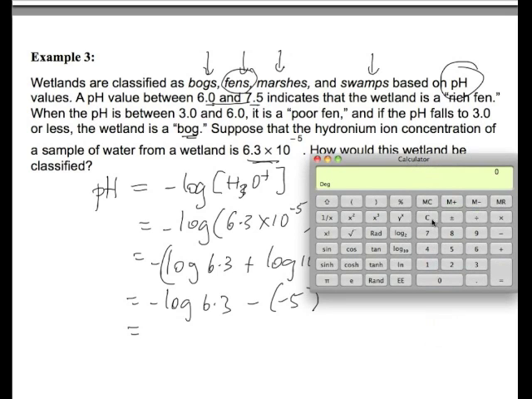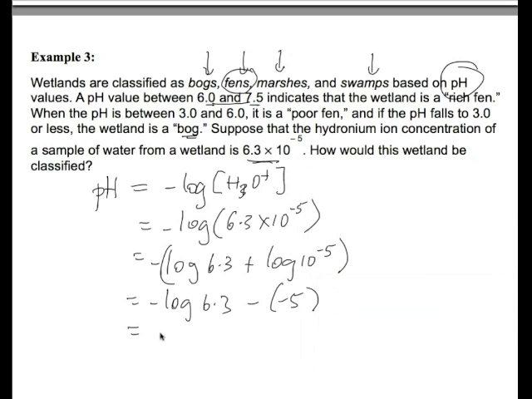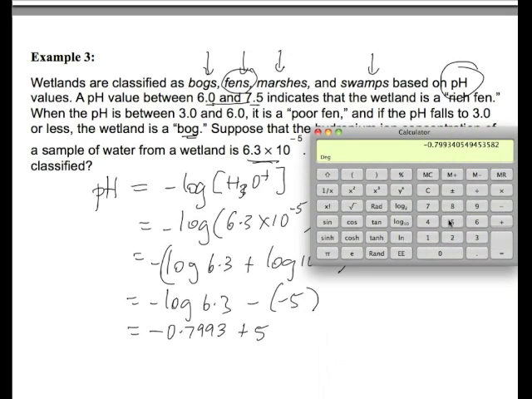We end up with 6.3 and we take the log, so negative 0.7793, and we're going to add 5. So we now add 5 and we end up with 4.2.